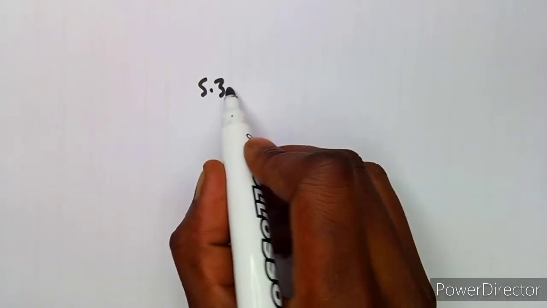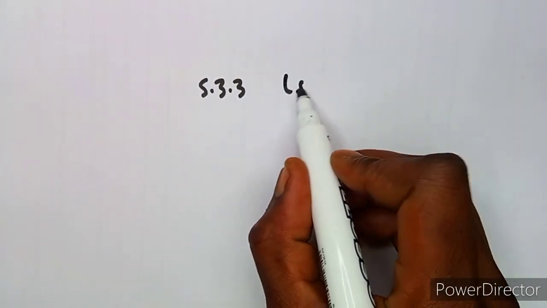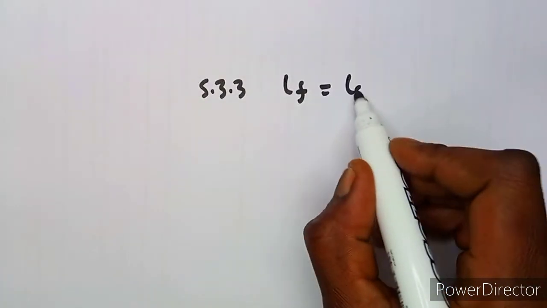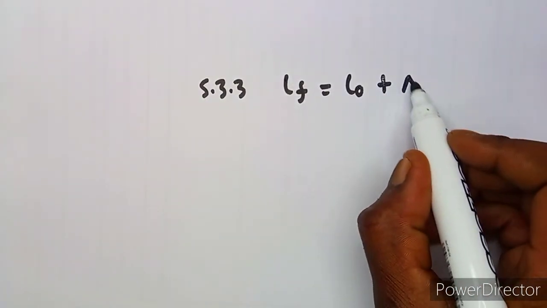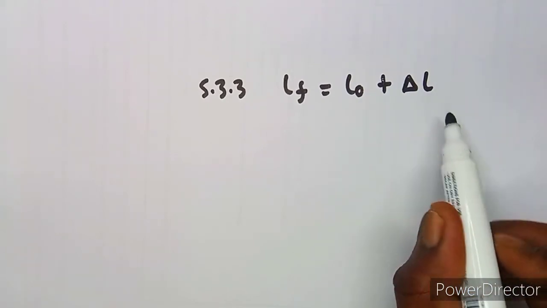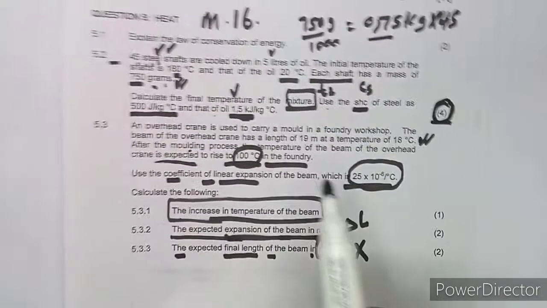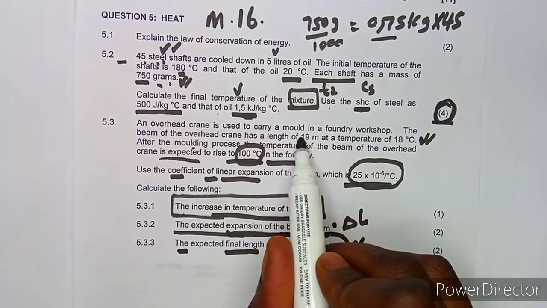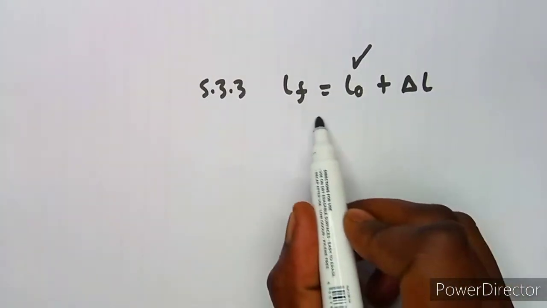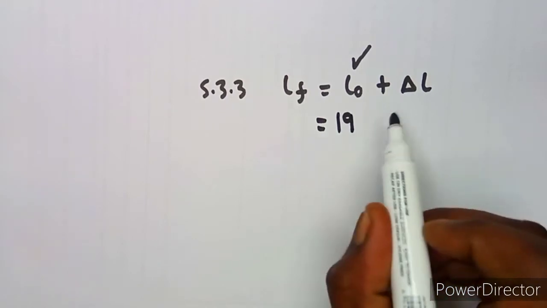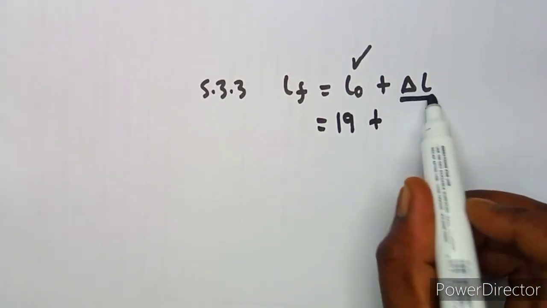What's the formula? So we know that this is the final length. So it's the original length plus the change in length, which is the increase in length. So the original length, we remember we had this original length in meters, so we can just write it in meters as it was, plus the change in length.